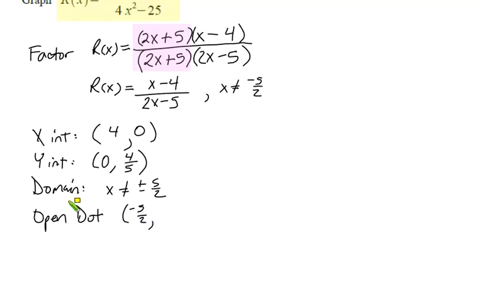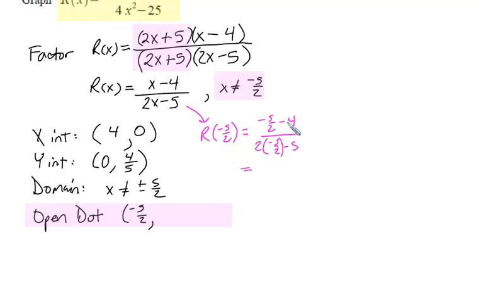Now, how can we determine the corresponding y value for when x is negative 5 halves? Well, we plug in negative 5 halves to our simplified function. And yes, it might not be the nicest looking thing in this problem, but we can simplify it reasonably. Negative 5 halves plus 4 all over 2 times negative 5 halves minus 5.